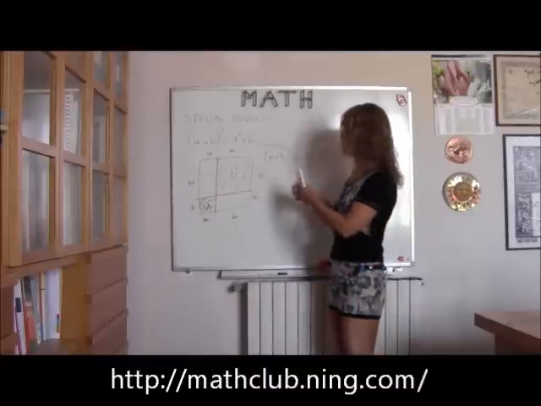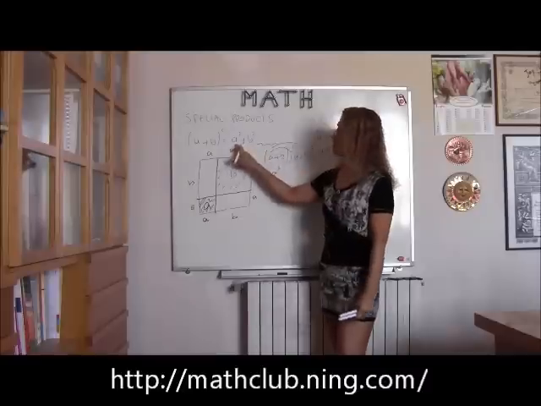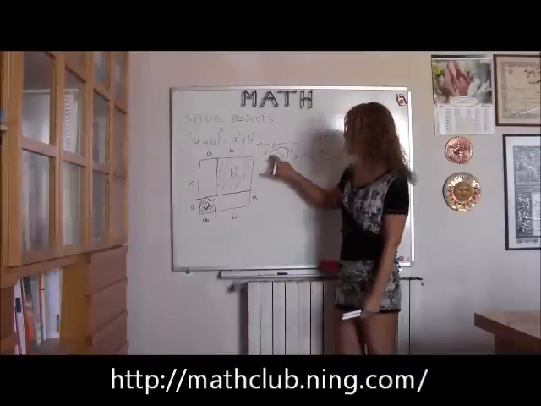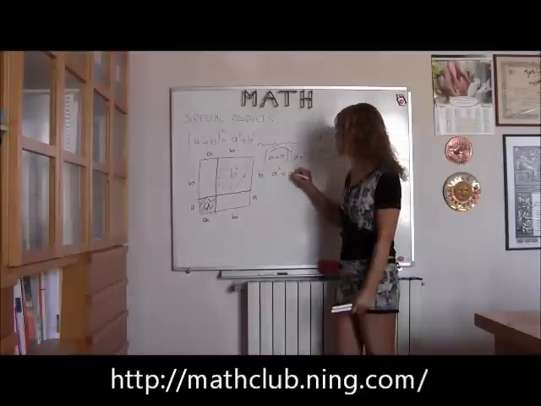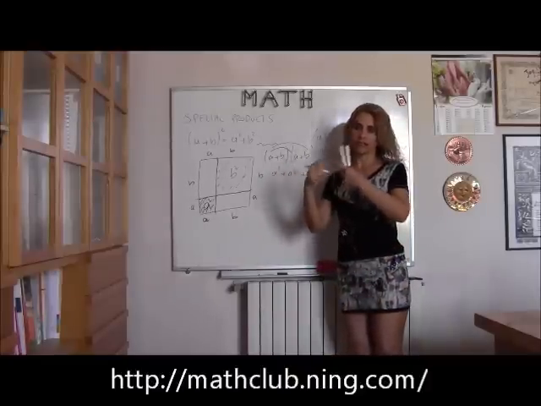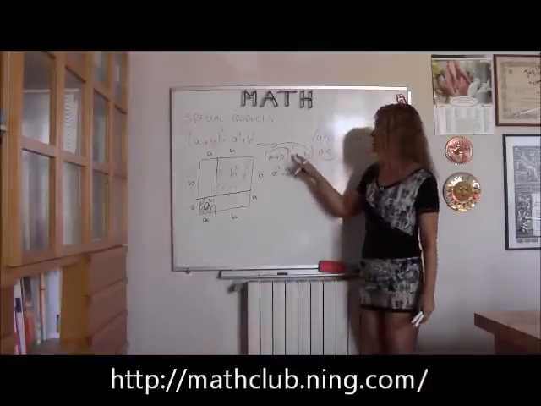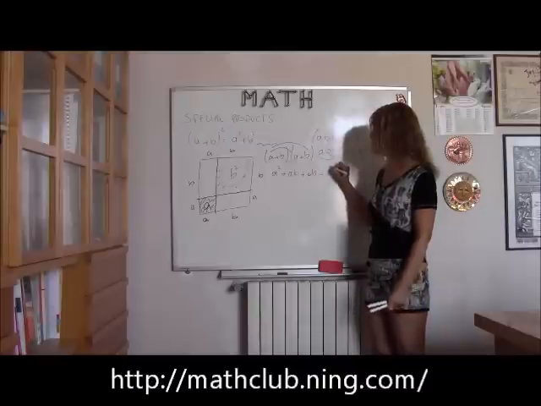So here we have a times a, which is a squared, and it is what we wanted. But then there is a times b, which is ab, and b times a, which, if we put the letters in alphabetical order, is ab. And then we have b times b, which is b squared.